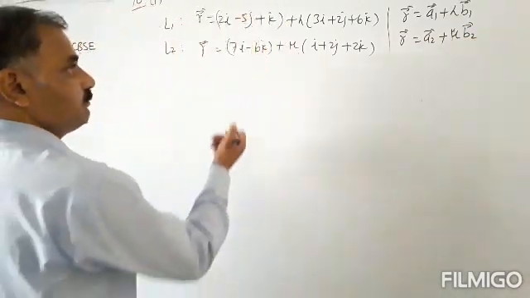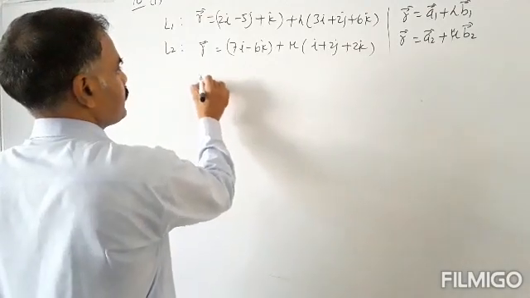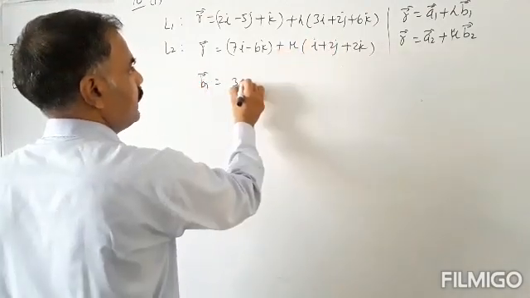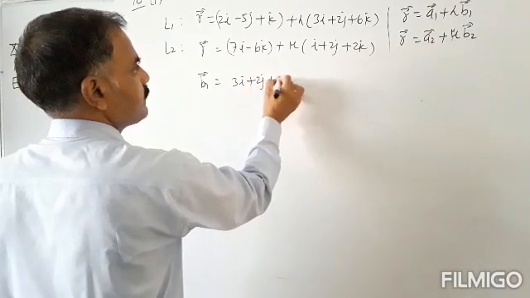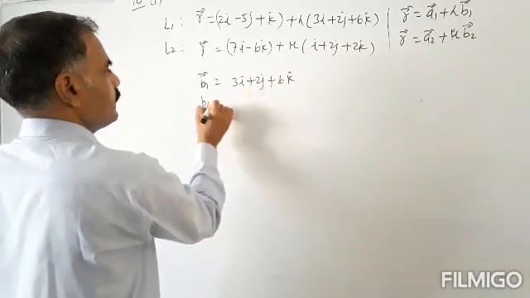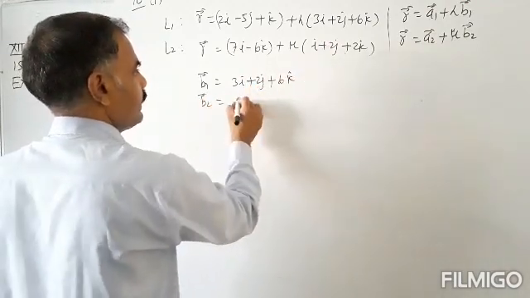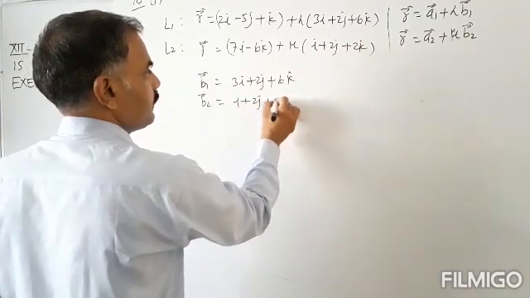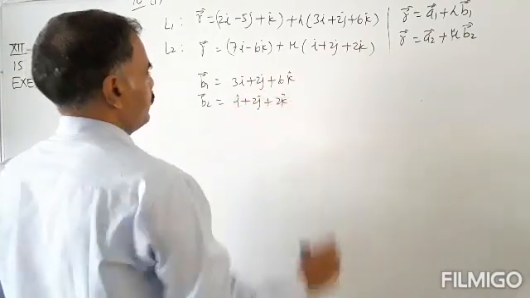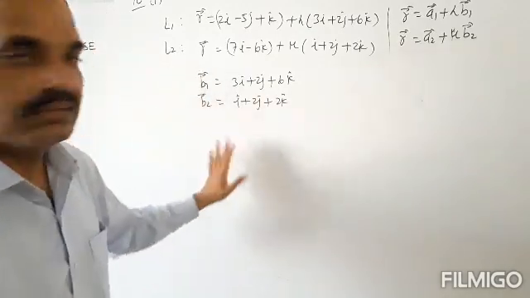So v1 vector is 3i cap plus 2j cap plus 6k cap, and v2 vector is i cap plus 2j cap plus 2k cap.